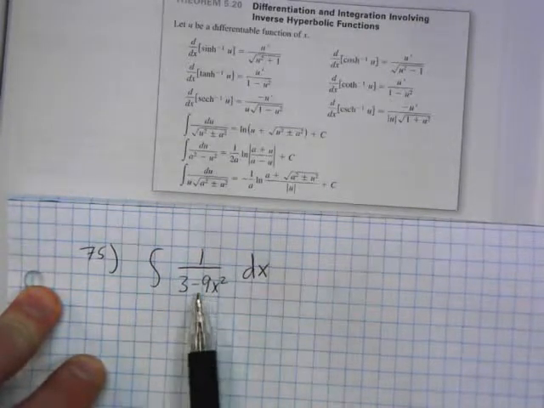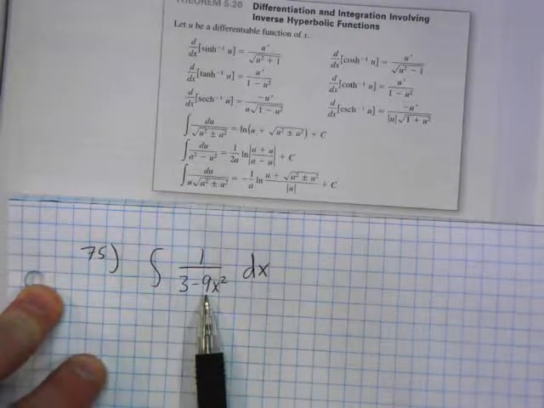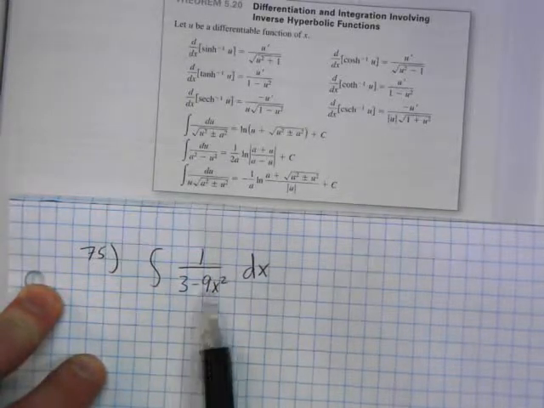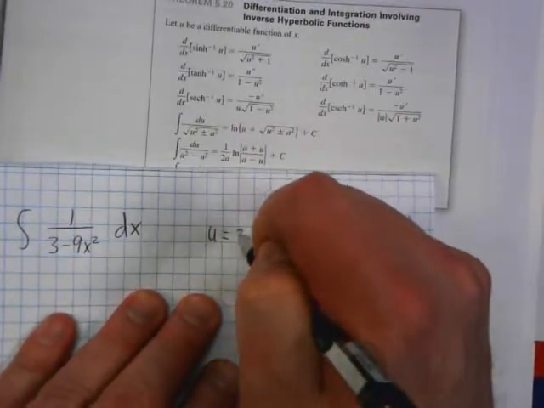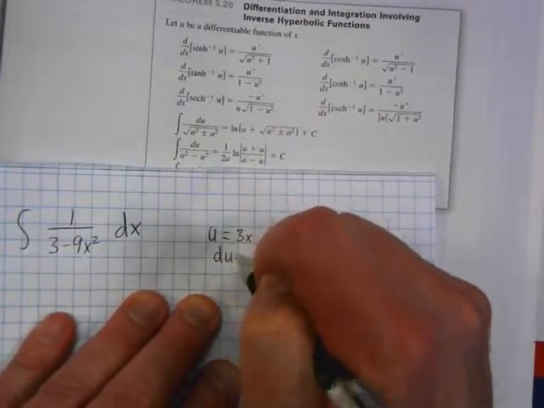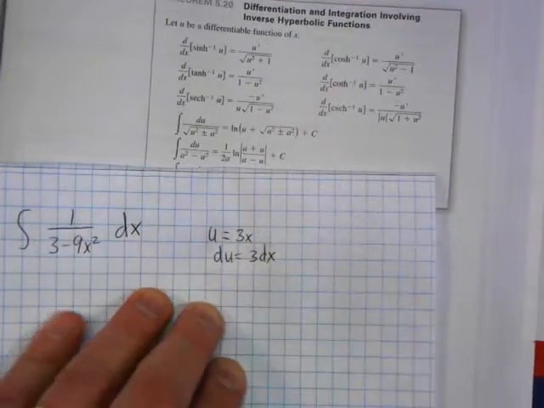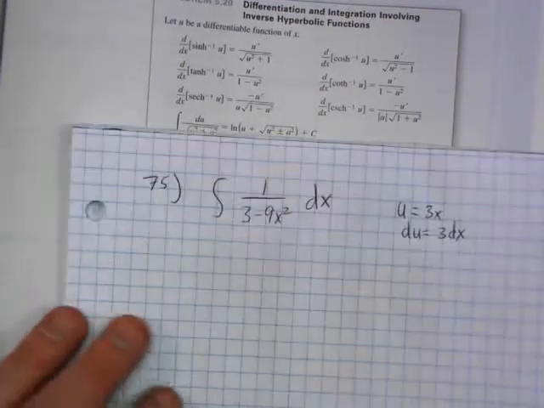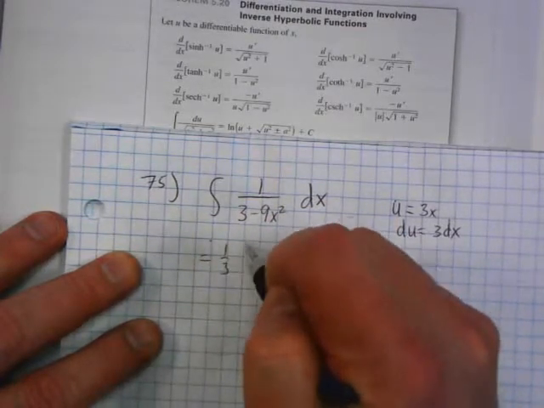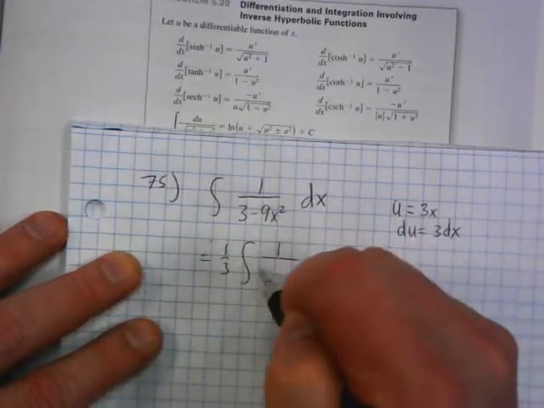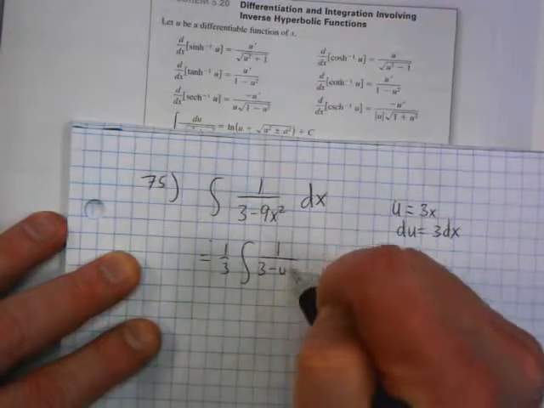But I'm still not allowed to have a 3 there any more than I'm allowed to have a 9. So that's 3x. Do a u sub. Excellent. U equals 3x. So du is 3dx, which means this becomes 1/3 integral 1 over 3 minus u squared du.